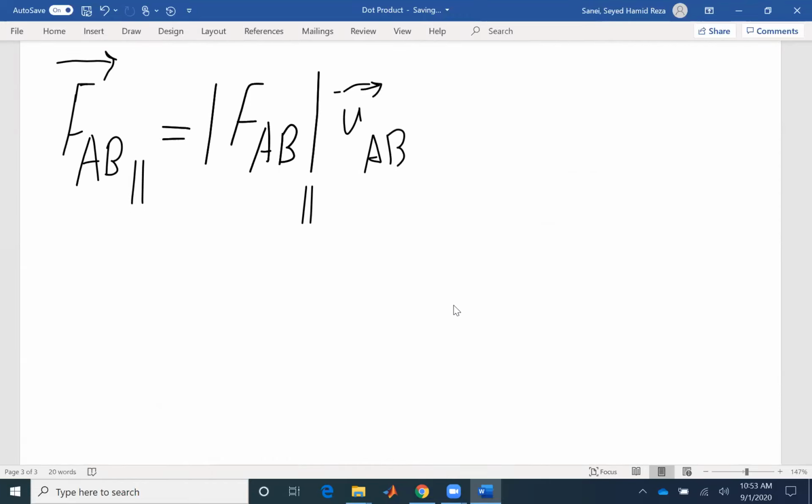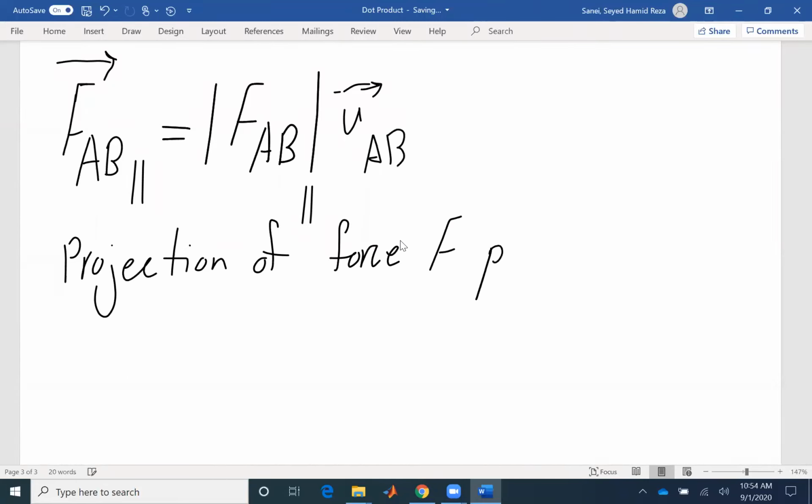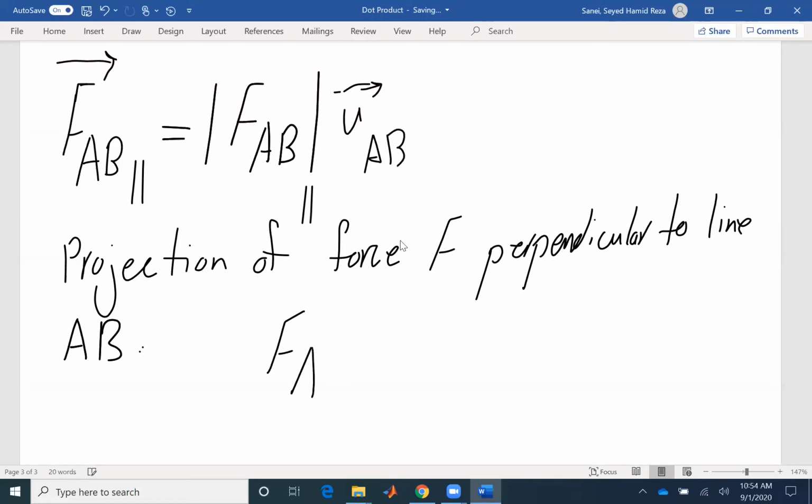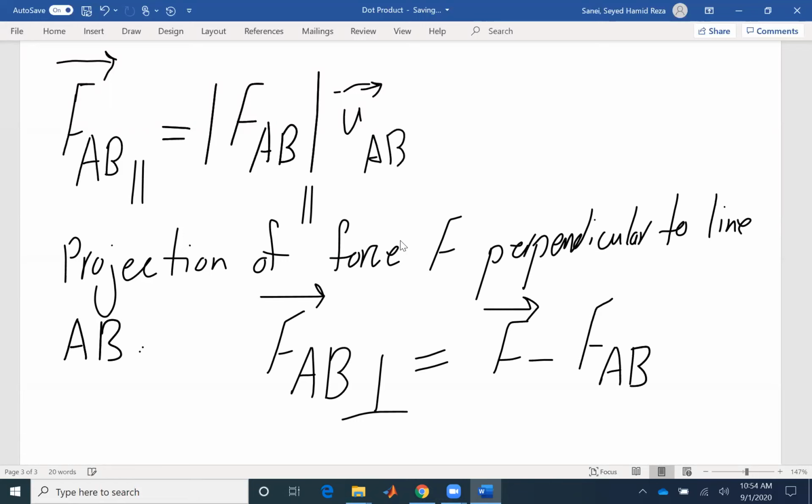Also, now that we have the parallel component, if I want to find the projection of force F perpendicular to line AB, I have F AB, this is the sign I use for perpendicular. I have my vector F minus F AB, the parallel component.